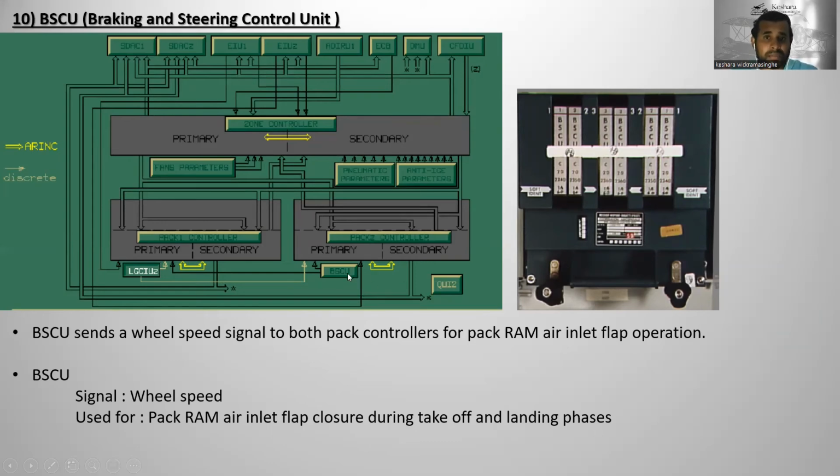This diagram is wrong, from the BSCU you have to go with discrete signals. The BSCU signals are wheel speed and used for pack ram air inlet flap closure during takeoff and landing phases. You can see this is the BSCU.